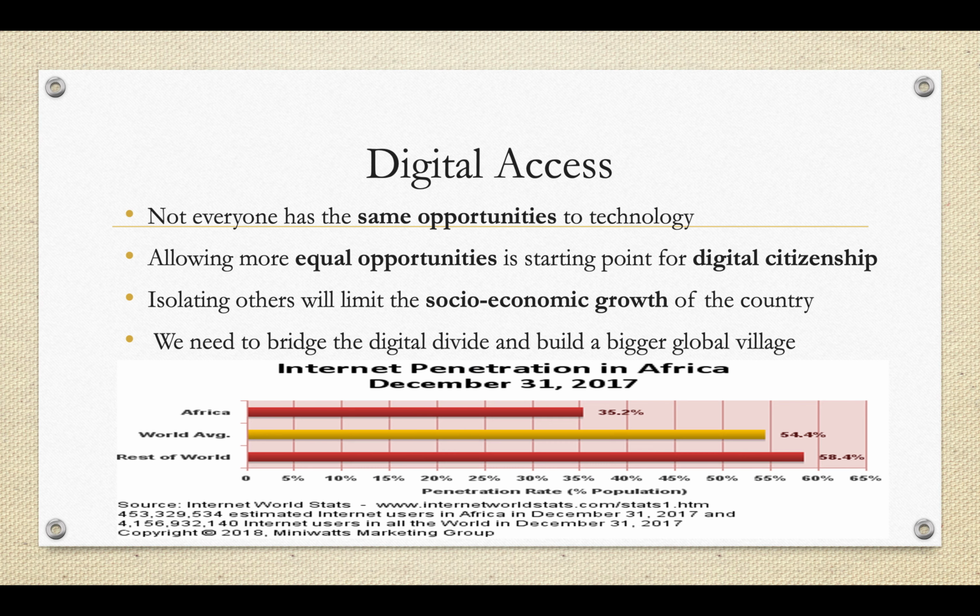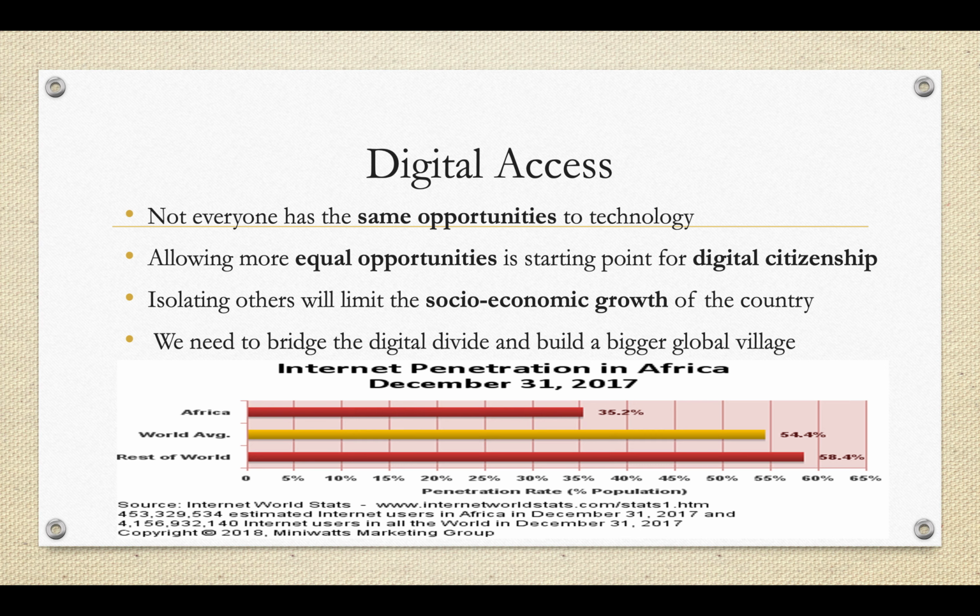The first learning unit discusses digital access, so this is our first element. Take into account as a digital citizen that not everyone has the same opportunities to technology, where there should actually be more equal opportunities in digital citizenship. By having a growth of technology, you're actually isolating other people, and therefore this creates a digital divide.